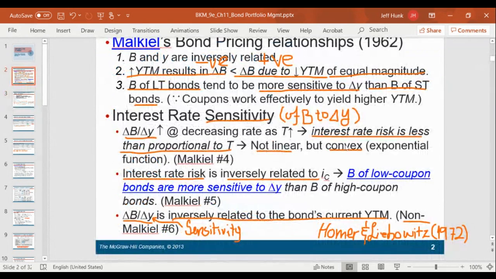And the reason, just intuitively, is because the coupons work effectively to yield a higher return, right? Higher return.